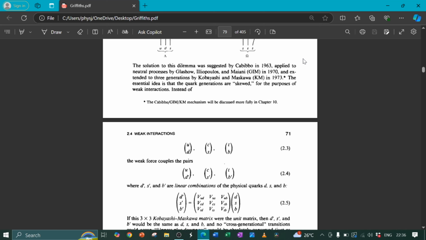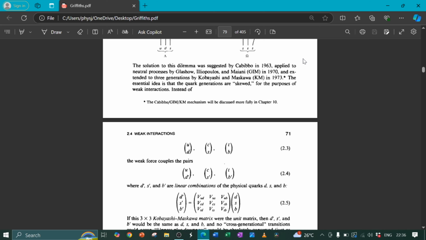The essential idea is that the quark generations are skewed for the purposes of weak interactions. Instead of (u,d), (c,s), (t,b), the weak force couples the pairs (u,d'), (c,s'), (t,b'), where d', s' and b' are linear combinations of the physical quarks d, s and b.